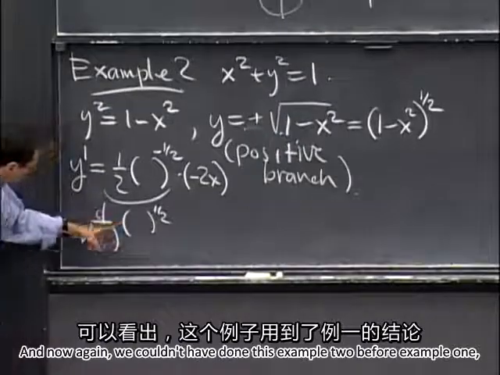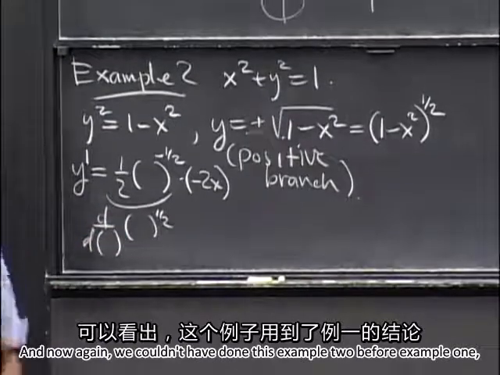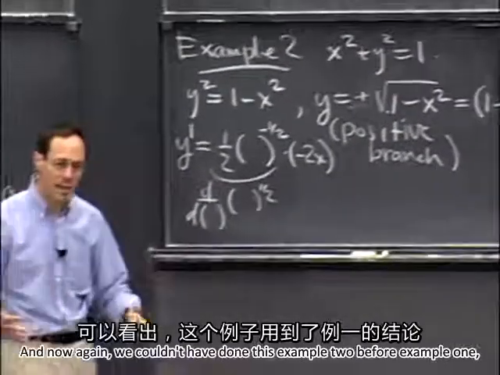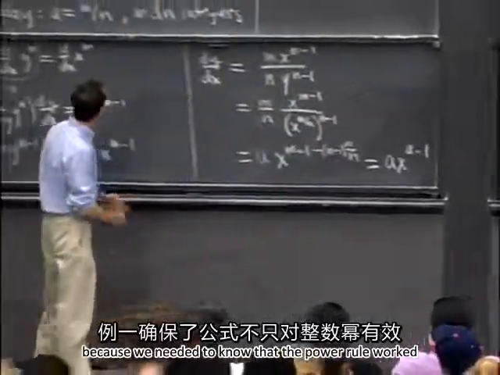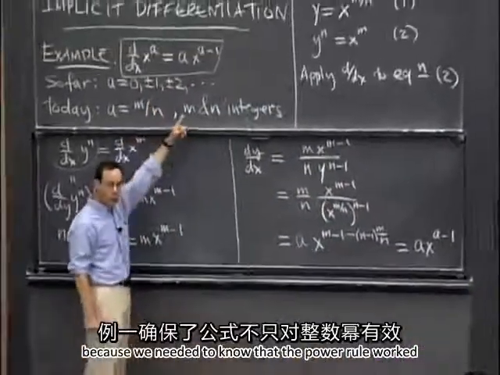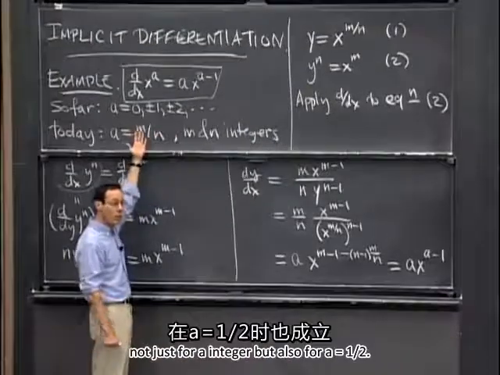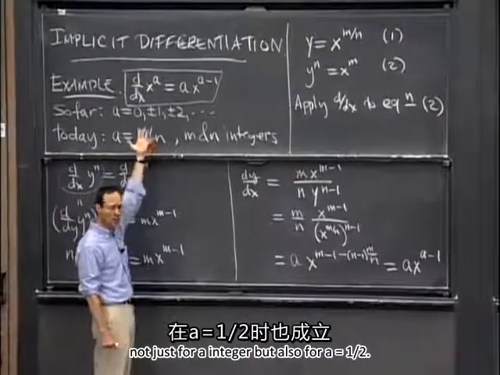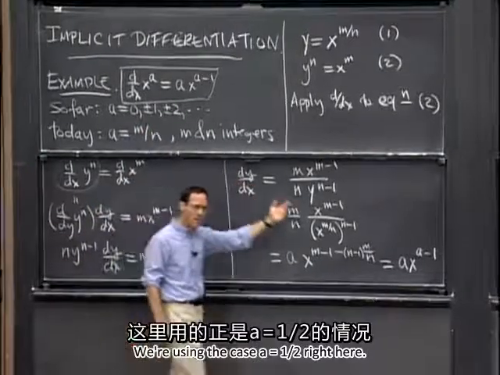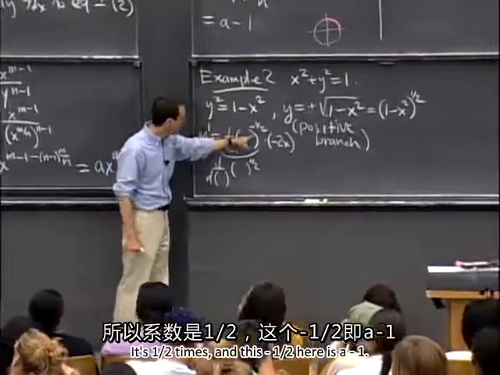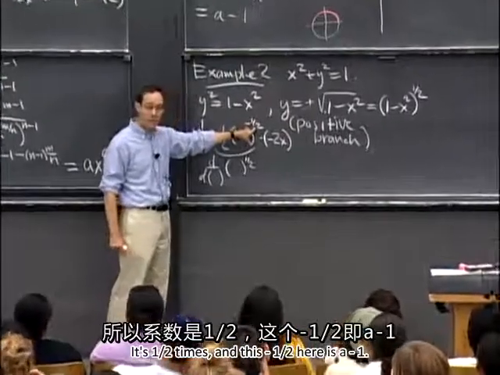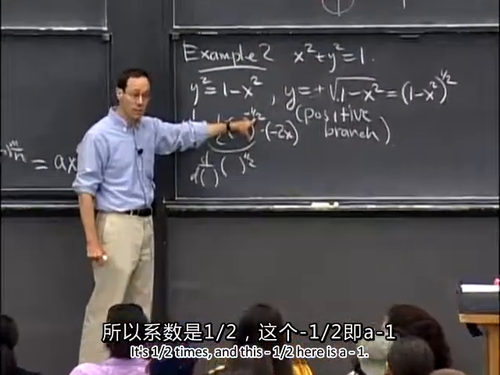And now, again, we're glomming everything together here. We couldn't have done this example 2 before example 1 because we needed to know that the power rule worked not just for a integer, but also for a equals 1/2. We're using the case a equals 1/2 right here. It's 1/2 times, and this minus 1/2 here is a minus 1, right?